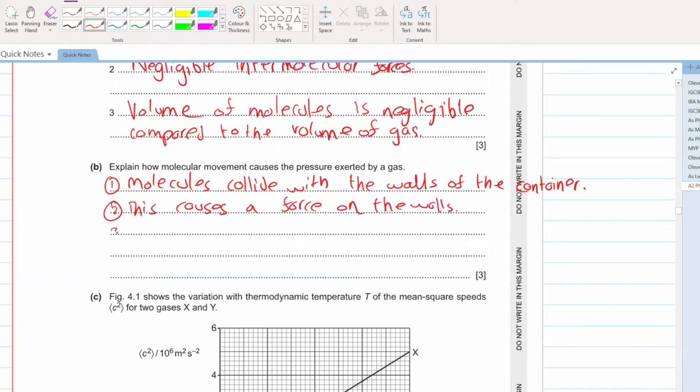This force per unit area gives rise to pressure. Simple as that, nothing complicated, no big rocket science here.